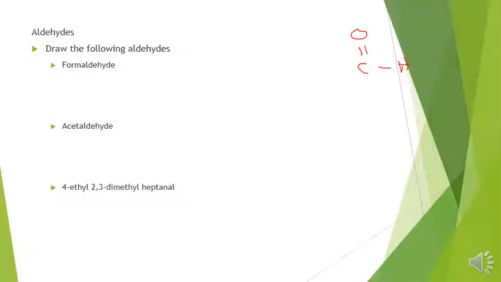If you have a single carbon, it's called formaldehyde, and if you have a double carbon, it's called acetaldehyde. Okay. What makes these differences you'll see in the next example right here.